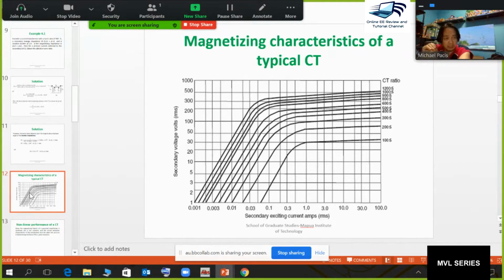And then you can get the secondary voltage versus the current, and then you can get the impedance, right? So here's the same thing, but it is dependent on the curve of the transformer. And this is the so-called magnetizing characteristic of a CT curve, okay?